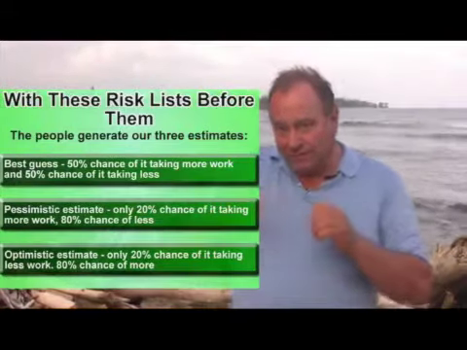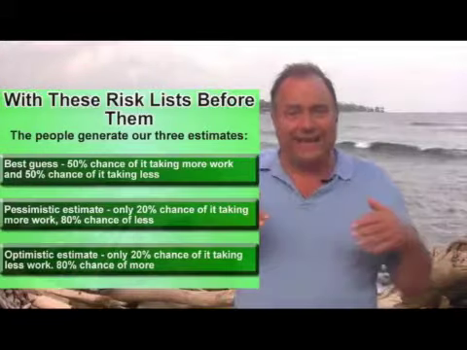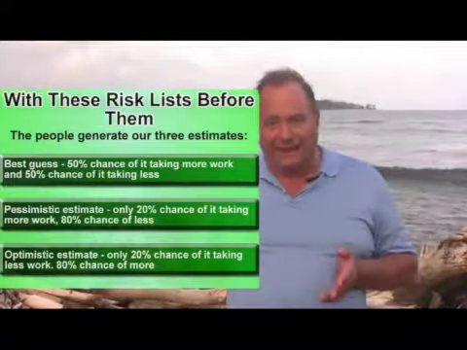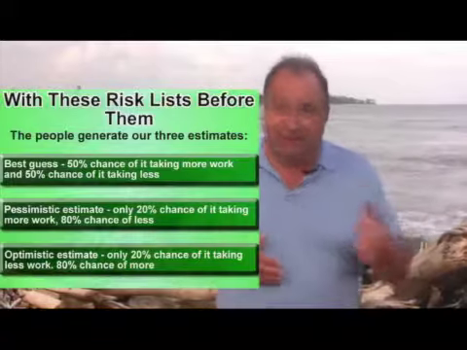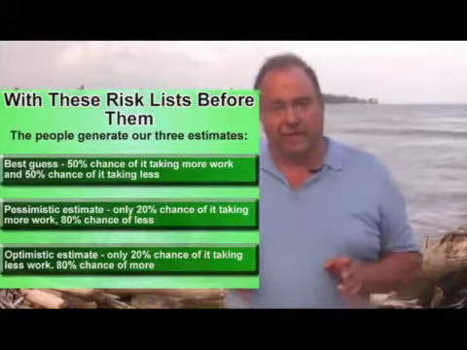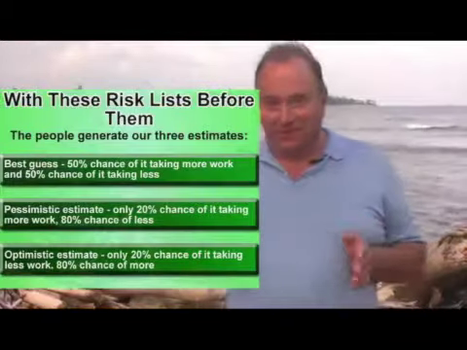Notice that the pessimistic is further from the best guess than the optimistic is, and that's the way the world works. The consequences of the bad stuff that can happen to us are much more significant than the benefits of the good things that can happen. We're never going to get this 100-hour task done in 1 hour. But we very easily could take 200 hours to do it.